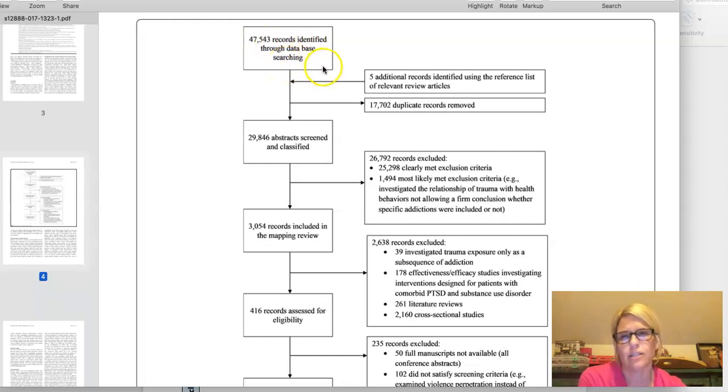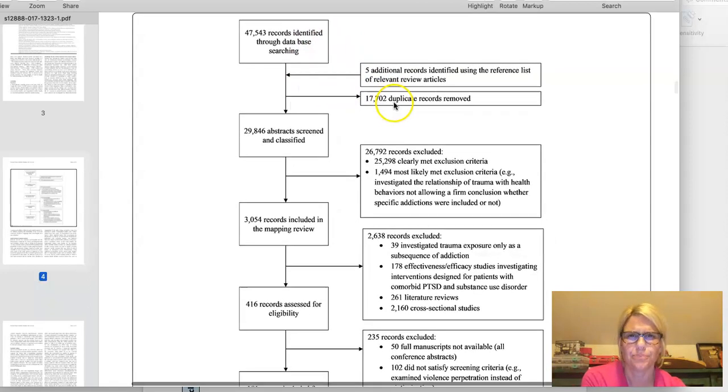So the only thing they don't have here, which is kind of nice to see, is what databases and how many in each. So it would be good to say PubMed had 10,050, Ovid had 24,055, PsycInfo had whatever, just so that people can see exactly where they came from.